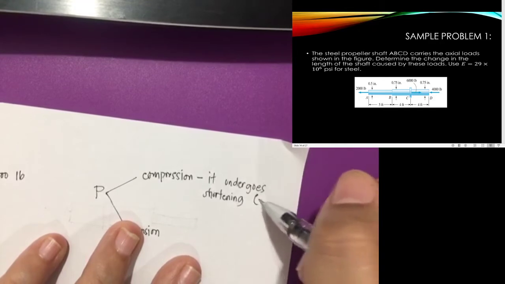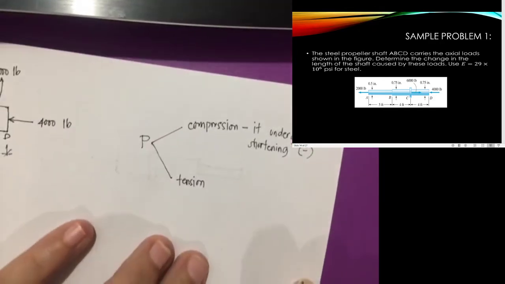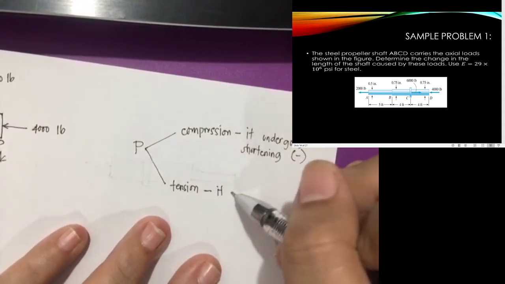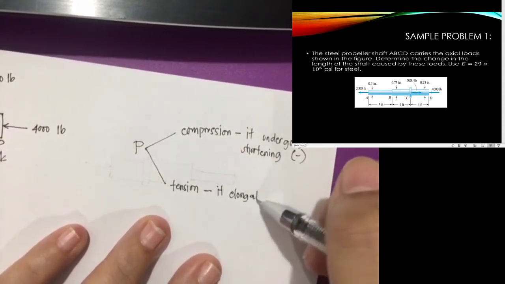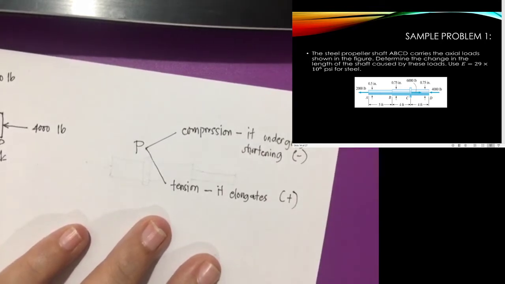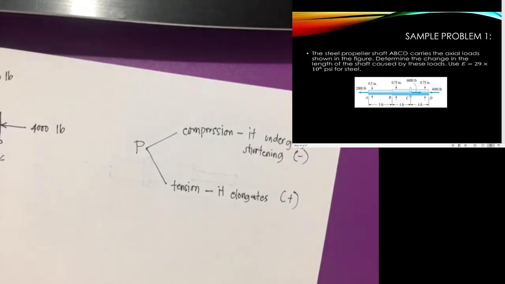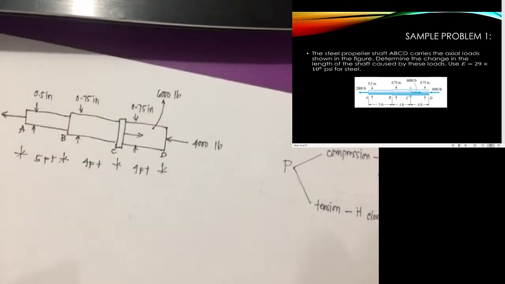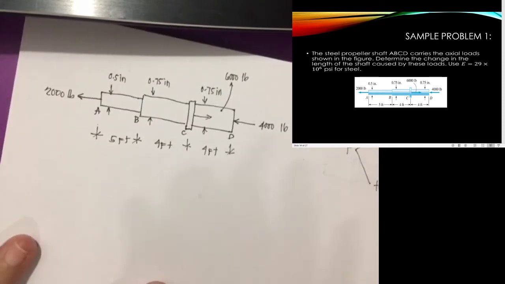So, meaning to say, that is negative. While in tension, it elongates. It becomes longer. So, that is positive. Okay? That is important, class, especially when you are dealing with different materials or different cross-sections. Like this problem.